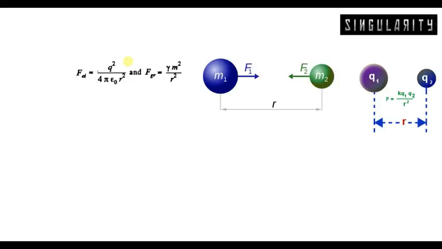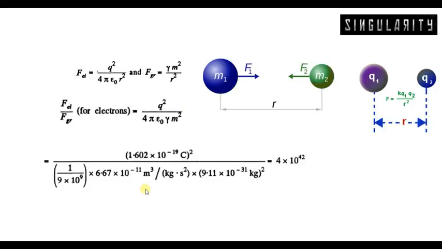Let's calculate the ratio for the electron first, then for the proton. For the electron, you just need to cancel the r square and r square, and you'll get the desired formula. Now feed the values.